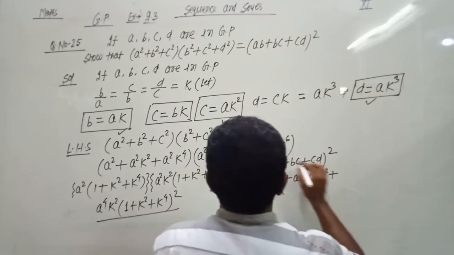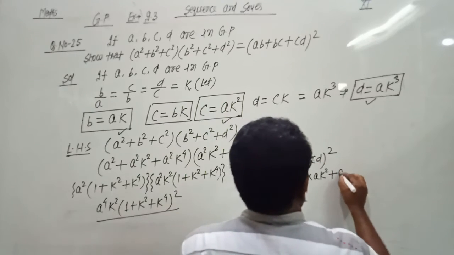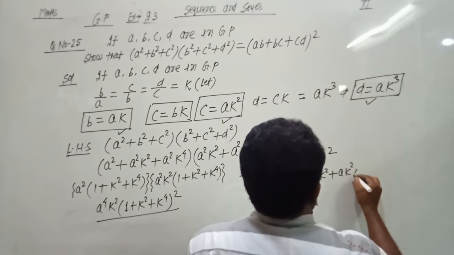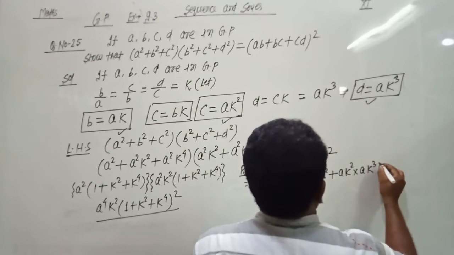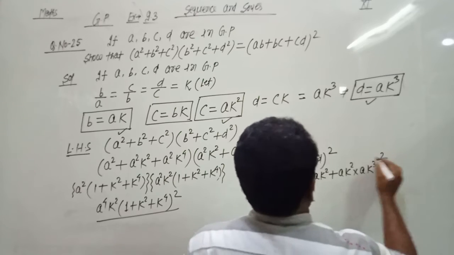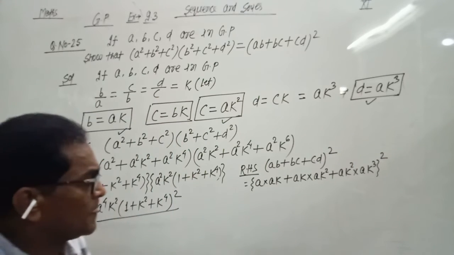And D can be written as A into K cube, and whole square.